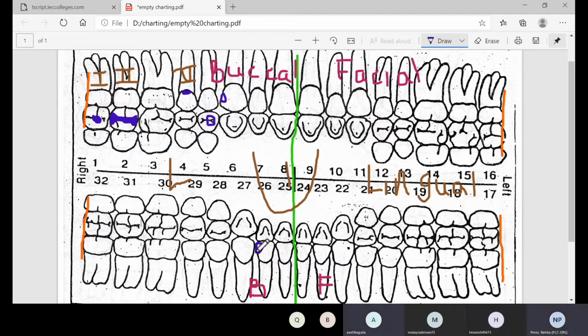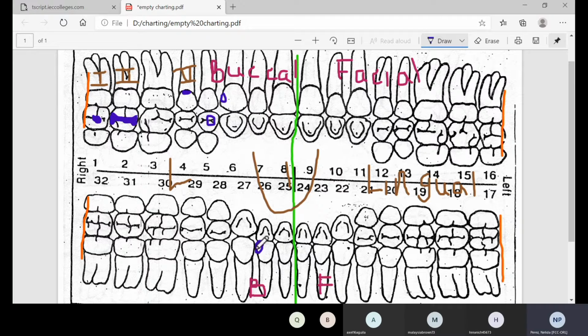Remember, this surface here is furthest away from the midline? Mesial. No, furthest away from the midline. Distal. But it's touching right here. And incisal. Yes. So DI, distal incisal.